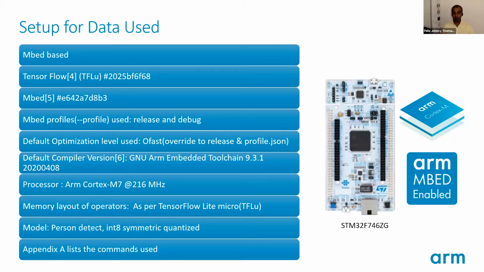And I've used the GCC toolchain 9.3, and I've used the person detect example from the benchmarking API that you have in TensorFlow Lite Micro. So this is the default setup. And if there is any deviation to it, that would be specified in the slides. And the default optimization that I've used is fast as well.